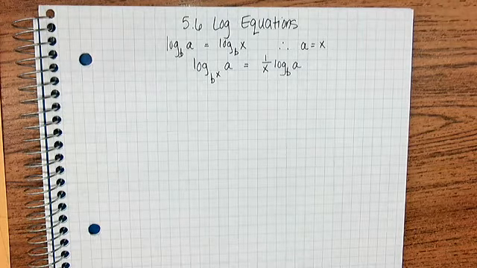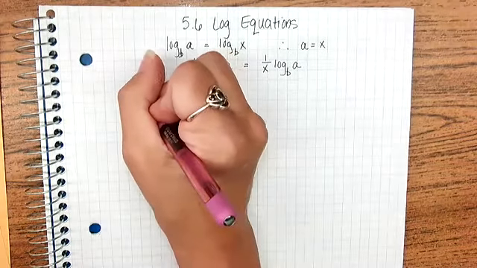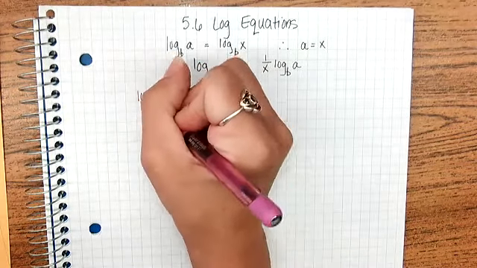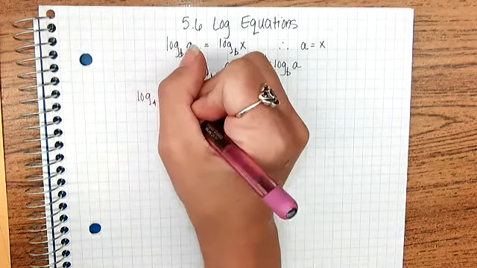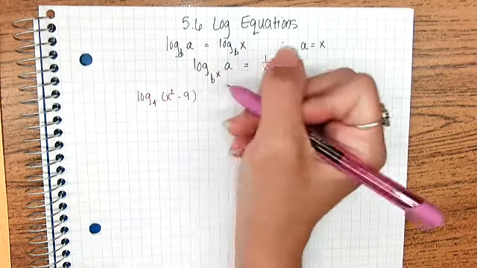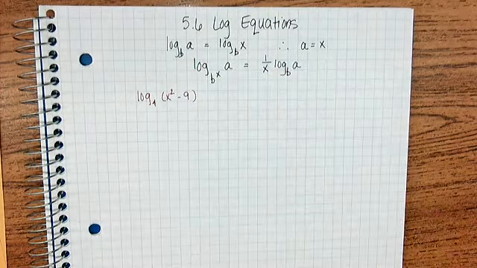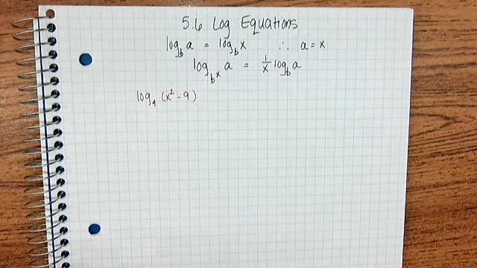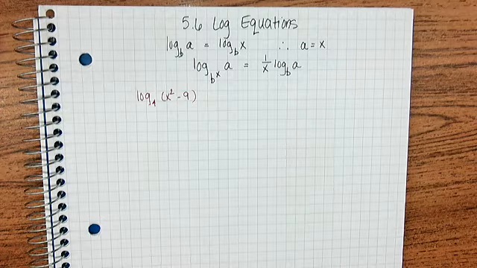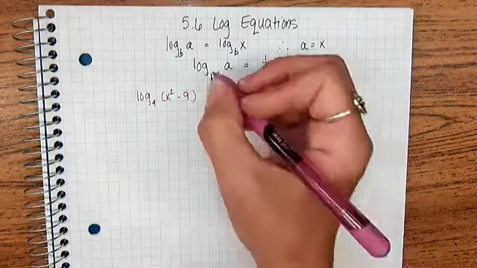Okay, first, let's look at the log base 4 of x squared minus 9. I'm not even going to finish writing down the problem. As soon as you see x squared minus 9, you should be thinking right away, difference of two squares, x plus 3, x minus 3.